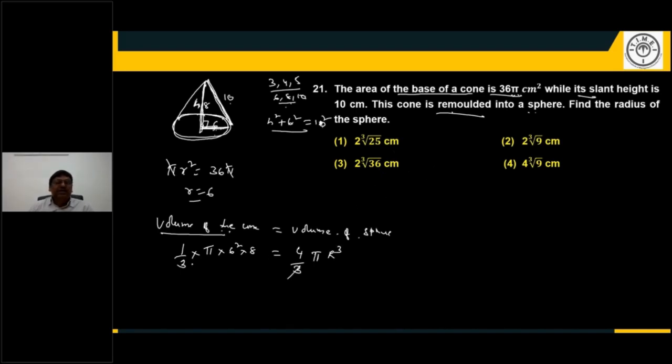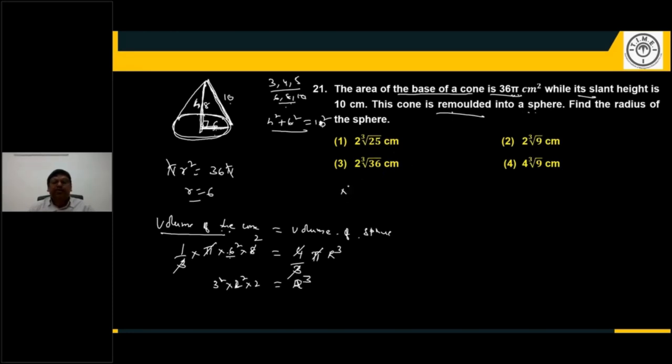See, 3 gets cancelled, pi gets cancelled. Students, you can see 4 2s. Students, it will be 6 square, means I can write 3 square into 2 square into 2 is equal to r cube.